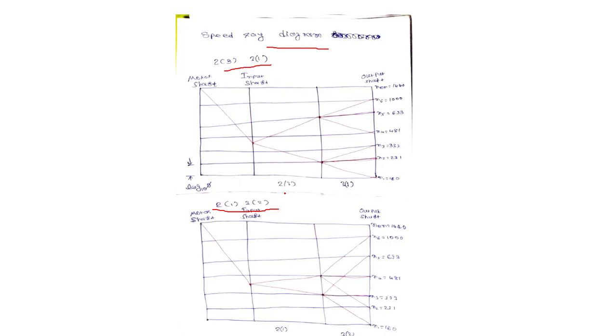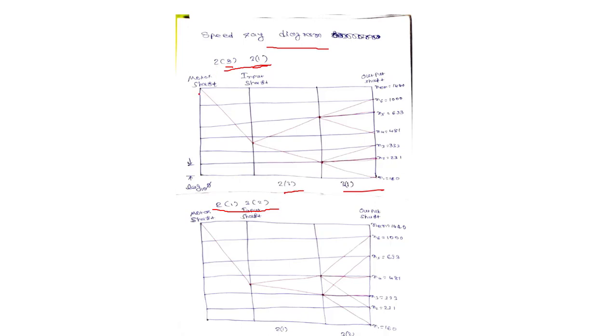Here we have two parts of our structure formula, so we will use one output shaft and one intermediate shaft. In every diagram we have to use one input shaft and the motor shaft for the speed ray diagram.